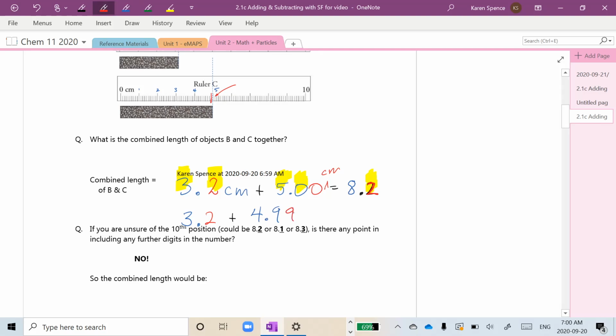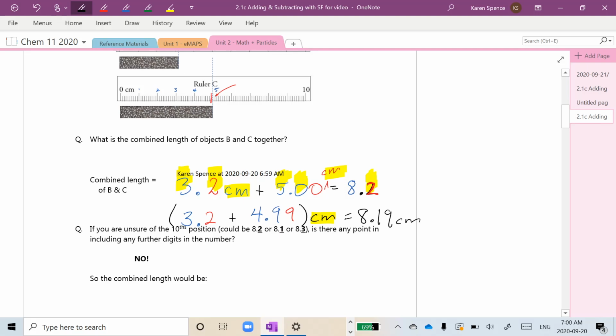And in this case, I'm going to be a little bit lazy and put my centimeters on the outside of the brackets. That's the other way I can put centimeters. I can either put it both places or just at the end. And I'm going to write my answer here, and that's going to equal 8.19 centimeters.